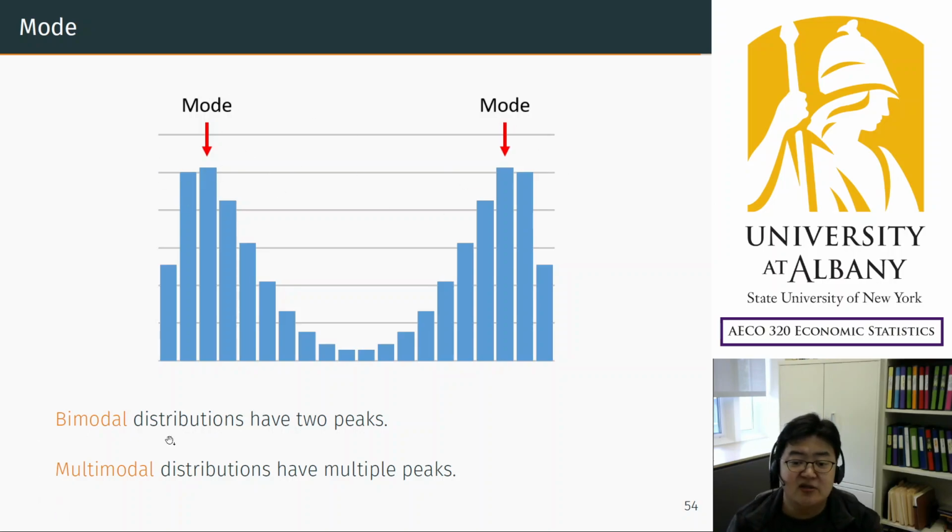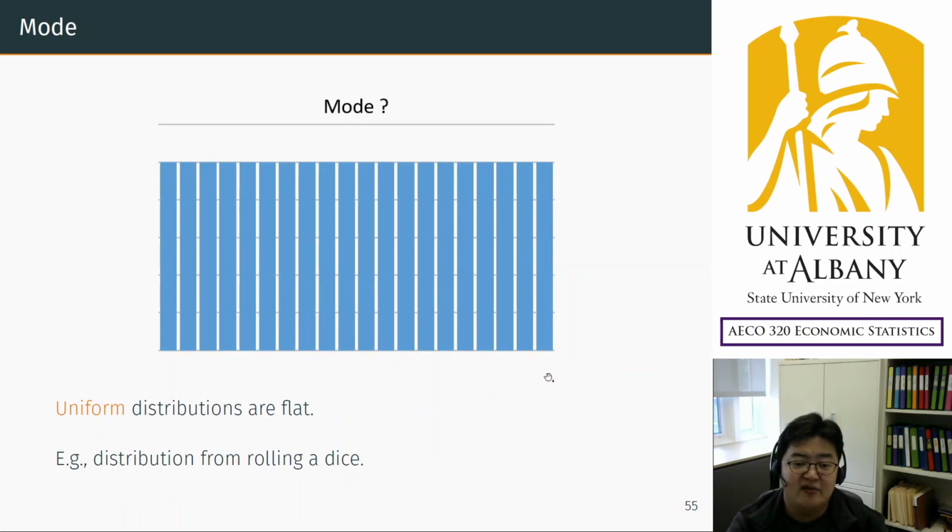Of course, multimodal distributions are rare, hard to find in practice. Finally, this is a special case where there is no peak. It's just flat. In this case, we call this distribution the uniform distribution.